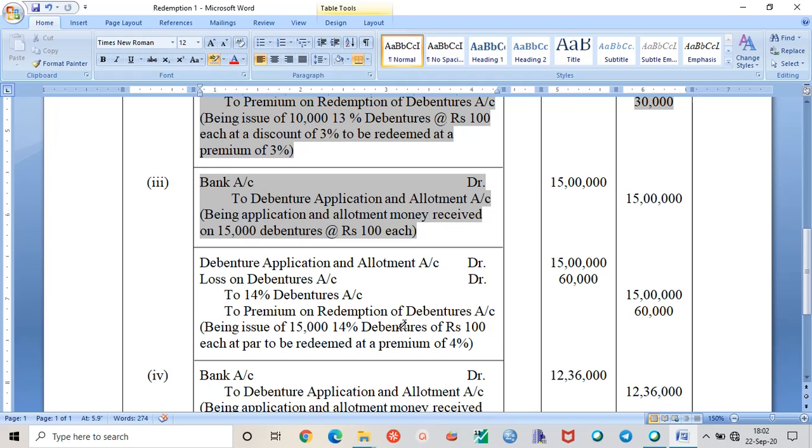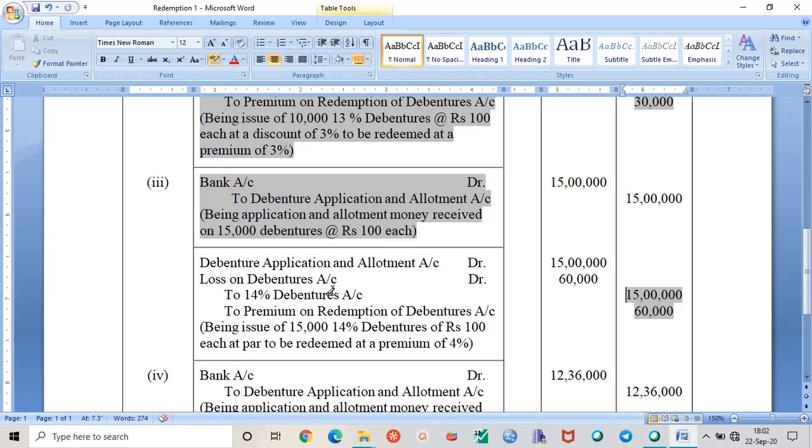They are to be redeemed at a premium of 4%. 4% of 15 lakh is 60,000, so at the time of redemption you will pay debenture holders 15 lakh 60,000. This 60,000 is the loss on issue of debentures.